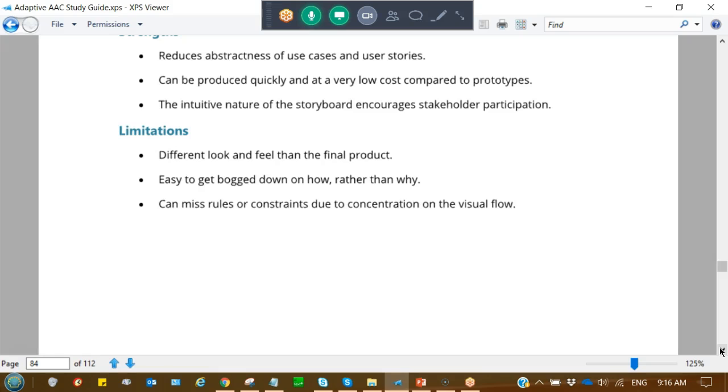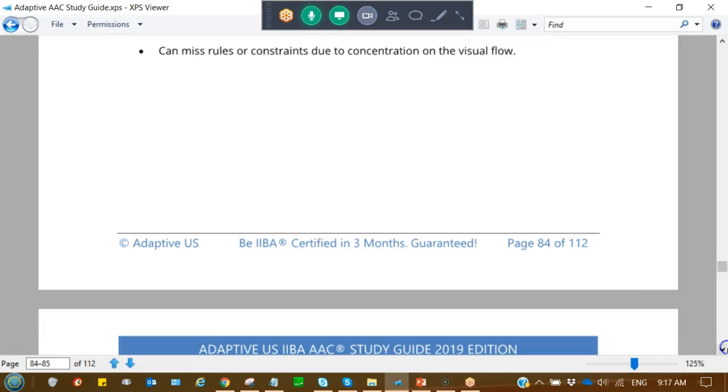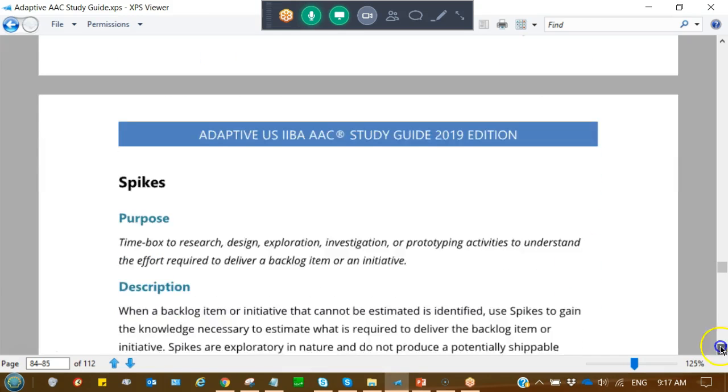But that's something you need to be aware of when you're working with these. And in each of these things, it's good to have this, and the Agile extension puts out these things to look at assessing the various techniques in terms of their strengths and weaknesses.